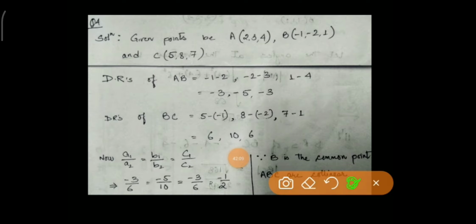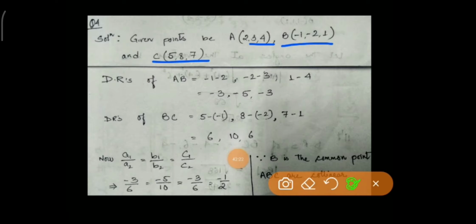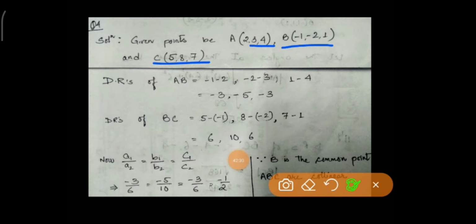Question number 4 says, show that the points this and this are collinear. So 3 points are given, and we need to show they are collinear. Already I told you that to prove collinear, I will prove a1 by a2 equals b1 by b2 equals c1 by c2, and I'll show that one point is common.